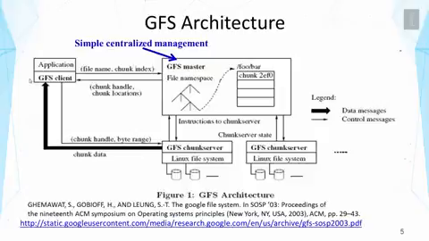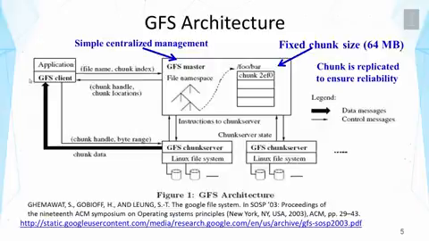So when this file system stores the files on machines, the system also would create fixed sizes of chunks. So the data files are separated into many chunks. Each chunk is 64 megabytes. So it's pretty big, and that's appropriate for large data processing. These chunks are replicated to ensure reliability. So this is something that the programmer doesn't have to worry about, and it's all taken care of by this file system.